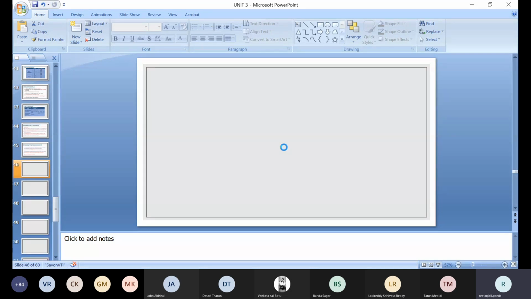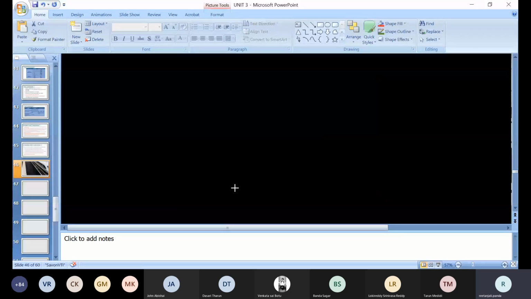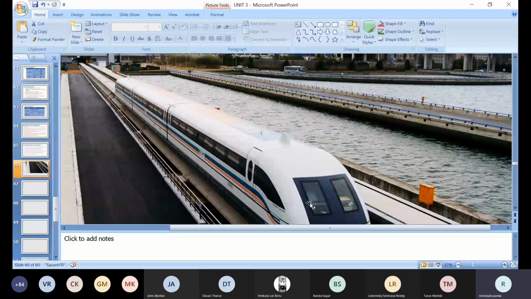We can see here this is a maglev train. Here there is no wheel for this train, no wheel we are using. This train is going to float over the platform, where there are two rails you can see here, right? This train is floating on this rail. How?